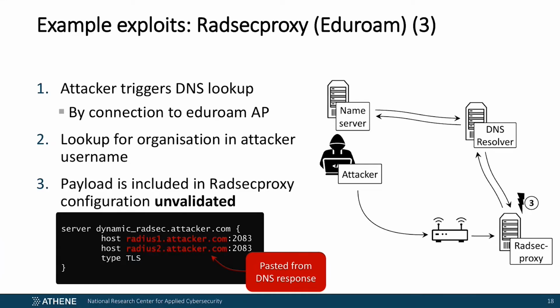And the problem here is that essentially the payload is included in this configuration unvalidated. So essentially what the attacker can do is, since he runs the name server, he can essentially paste anything into the dynamically generated configuration by including it in the DNS records.